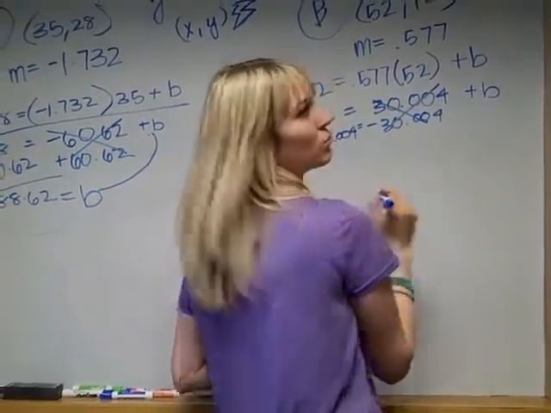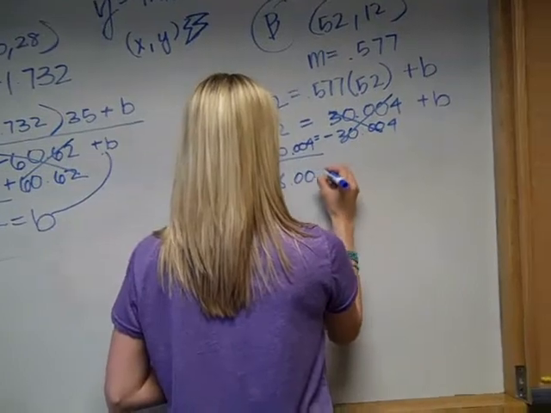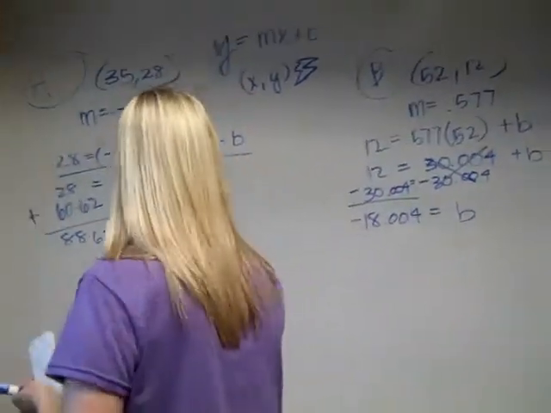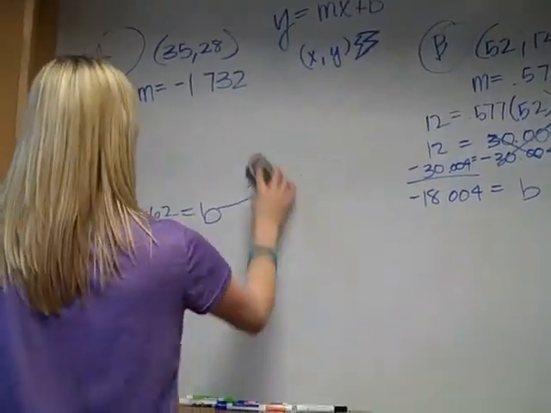It's 12 minus 30.004, which is negative 18.004. So negative 18.004 equals b.